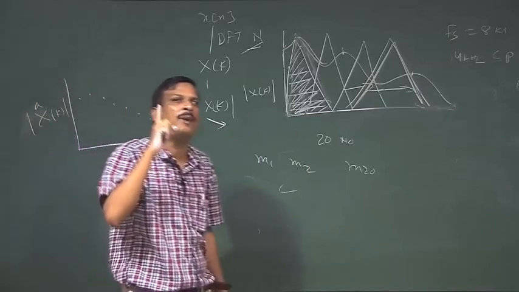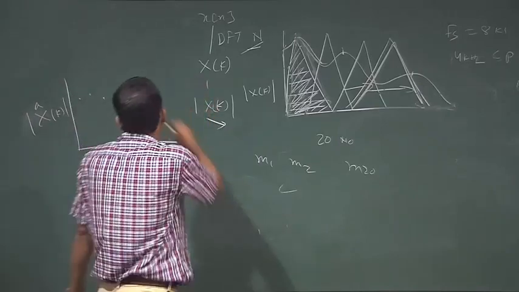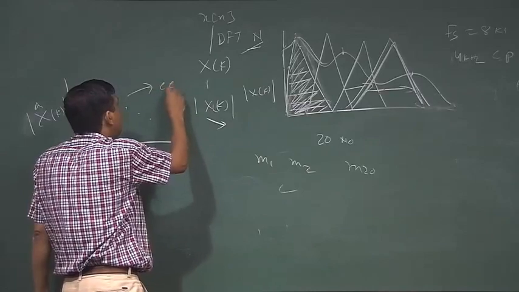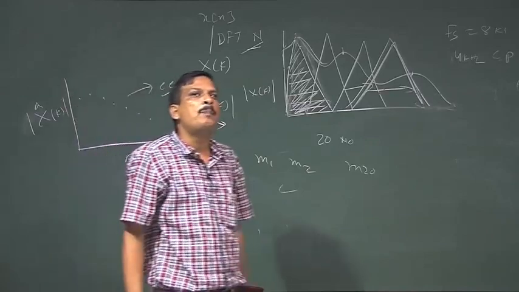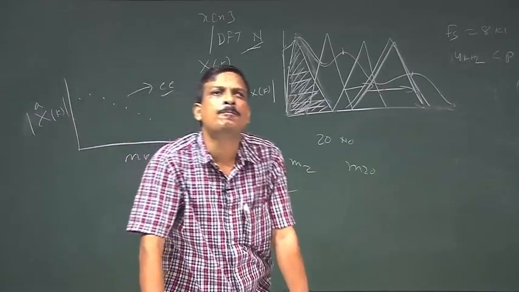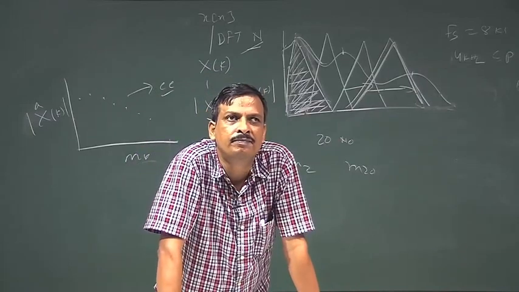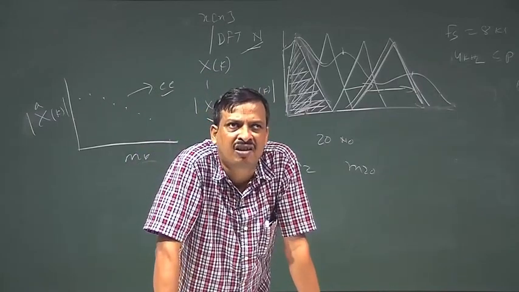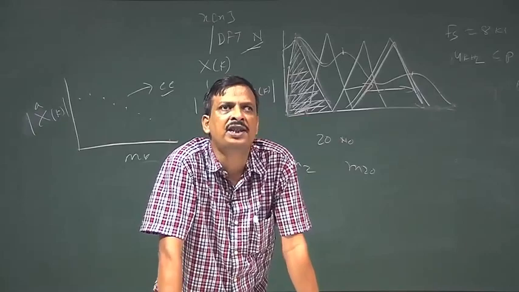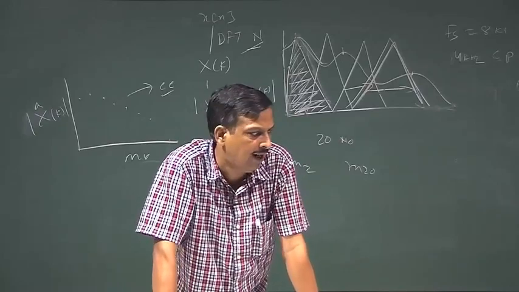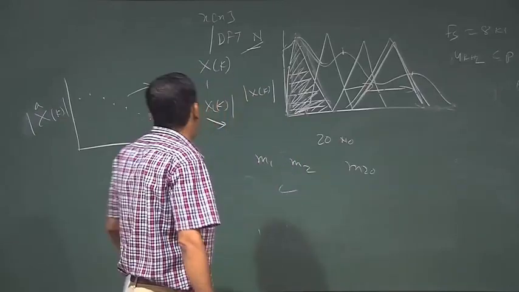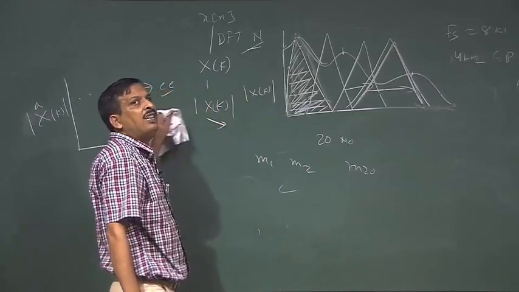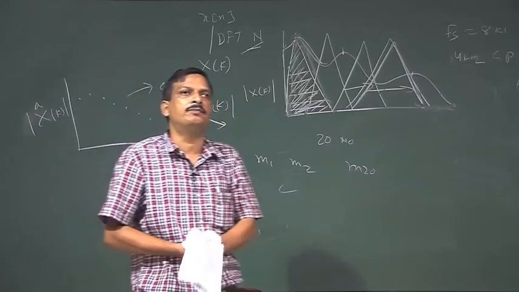Once I get the mel scale spectrum, if I analyze the cepstral coefficients, then this is called mel scale cepstral coefficient. Since my spectrum is frequency warped in mel scale, that is why it is called mel frequency cepstral coefficient.